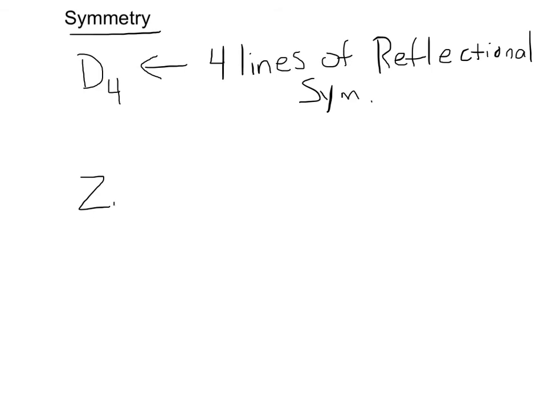If you're talking something like Z4, it means there are 4 points or angle measures of rotational symmetry.